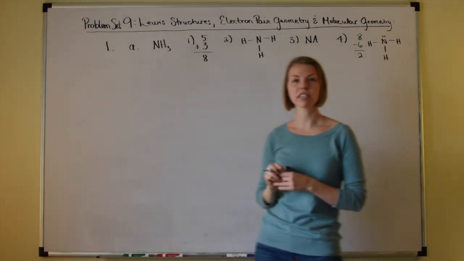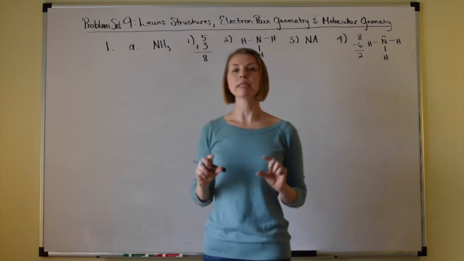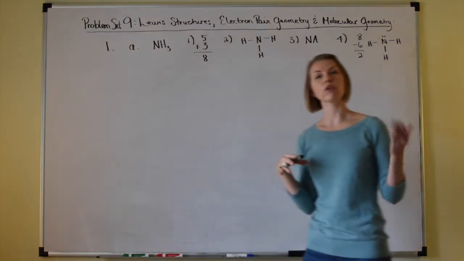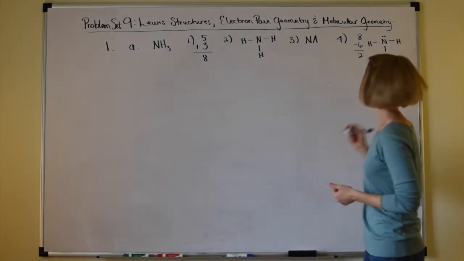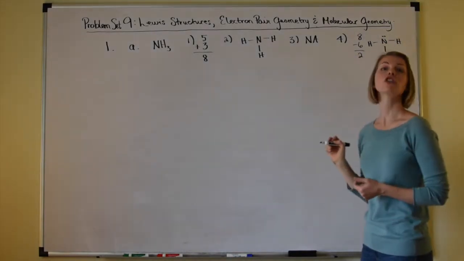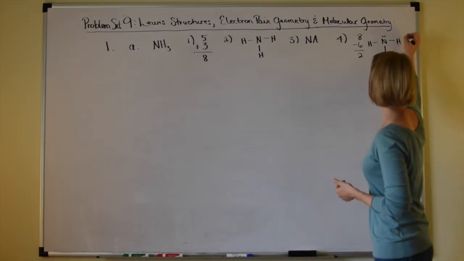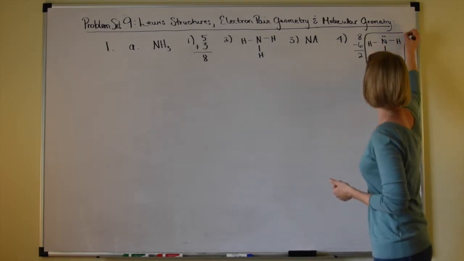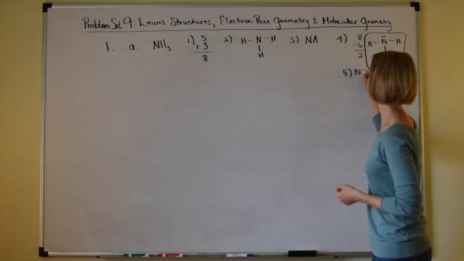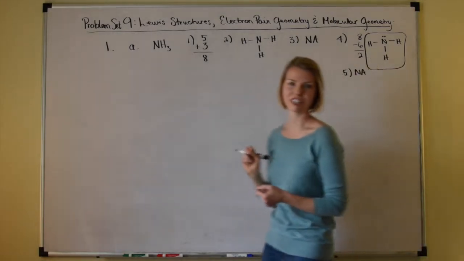Rule number 5 tells us if the central atom is still not satisfied with octet, form double or triple bonds. So let's check the central atom. Nitrogen has 2, 4, 6, 8. So we're done. Rule number 5 will not apply here. So let me write N/A. We had our final answer on step 4.